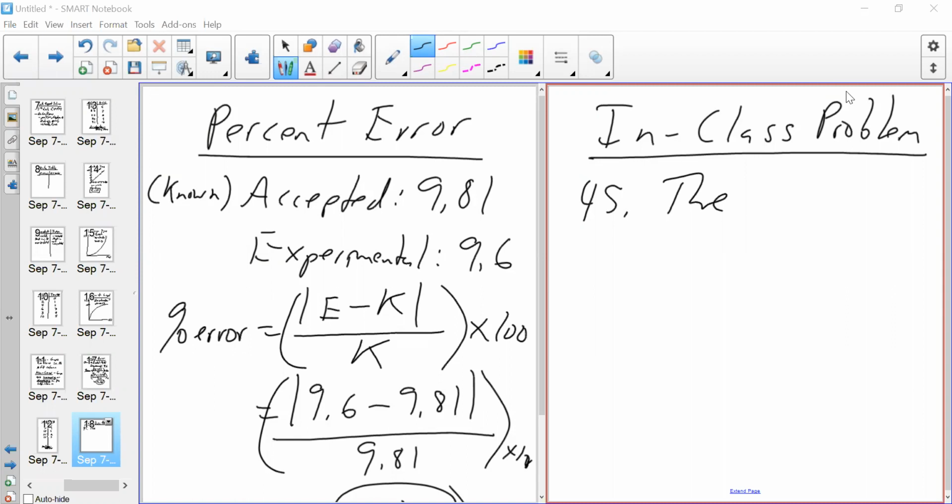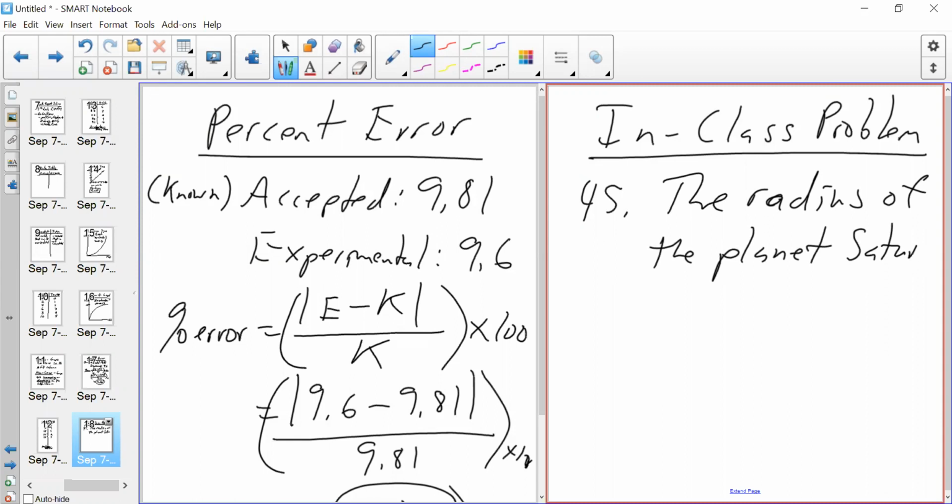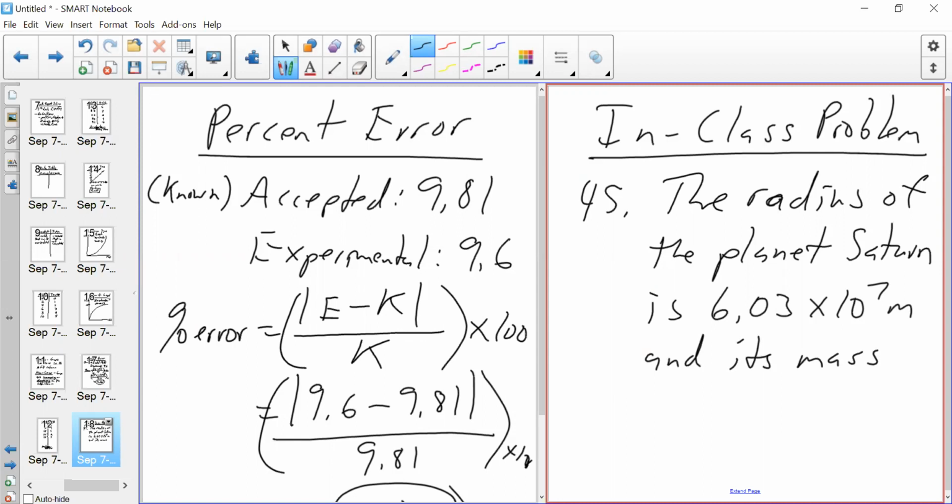Okay, so in-class problem. The radius of the planet Saturn is 6.03 times 10 to the 7 meters, and its mass is 5.68 times 10 to the 26 kilograms.